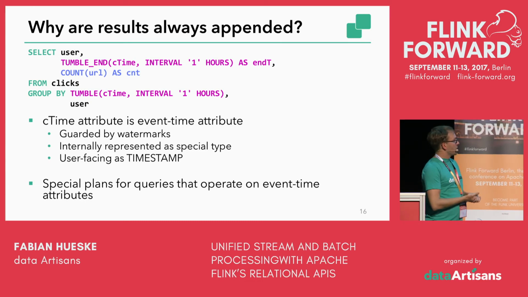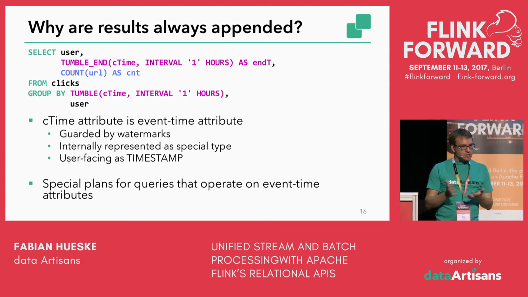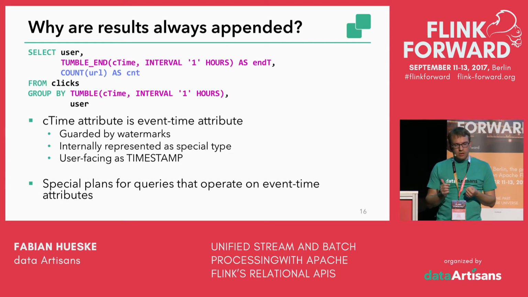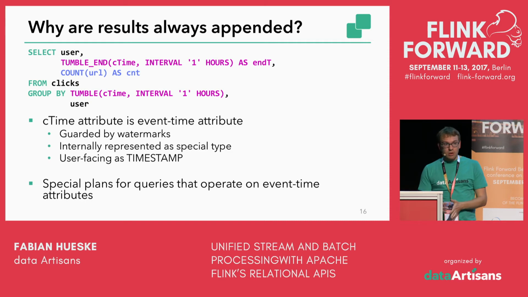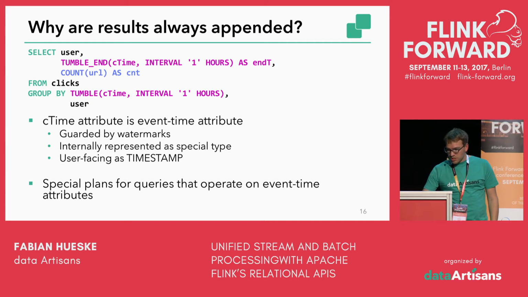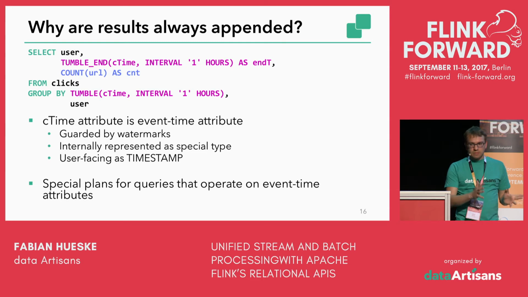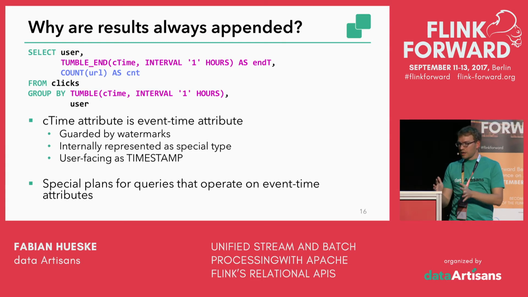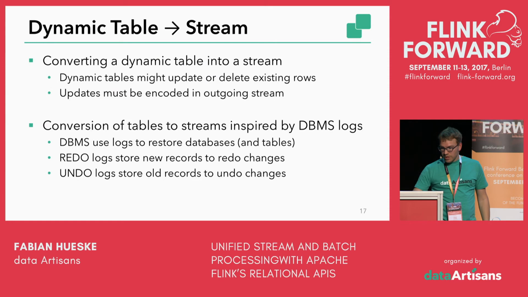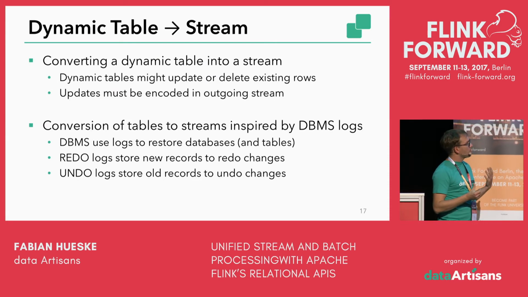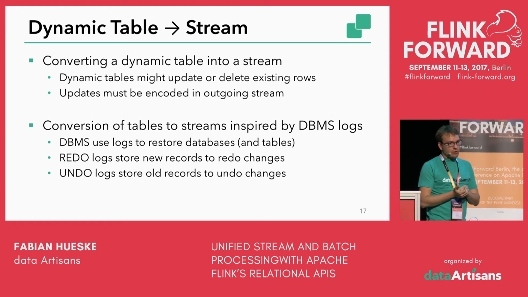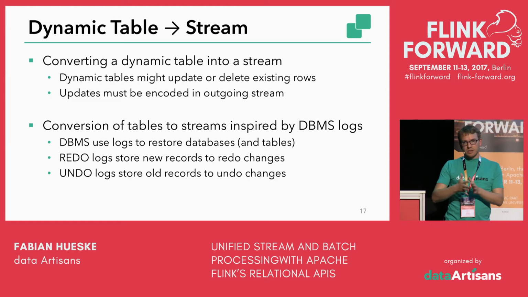Okay, so now we covered the two interesting cases of how we can query these dynamic tables and get a new dynamic table from such a query. Now we want to convert a dynamic table back into a data stream. How can we do that? As we've seen in the first query, a query might result in a dynamic table which has to update its rows, right?